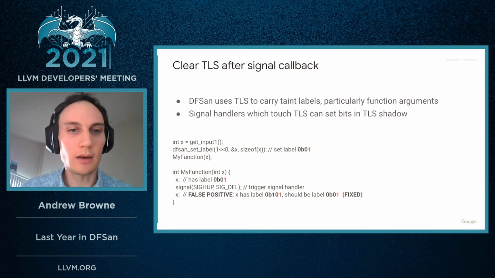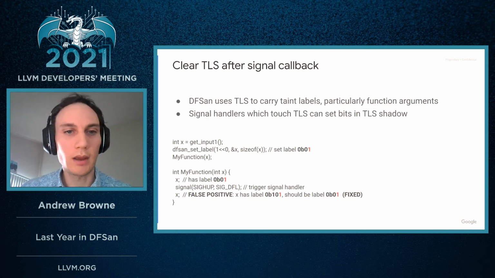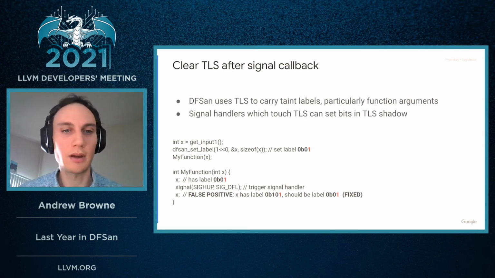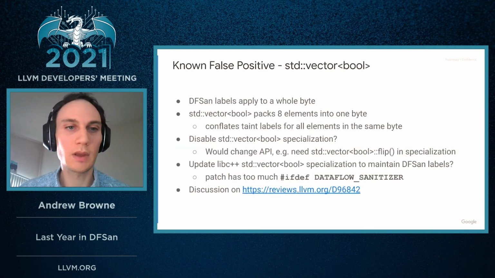So when the signal handler exits, the TLS values would still have taint bits set during the signal handler. We need to clear out the TLS after a signal callback to avoid false positives.